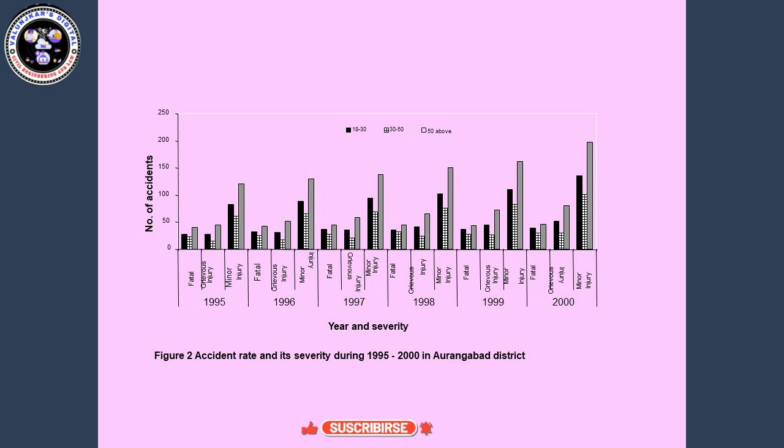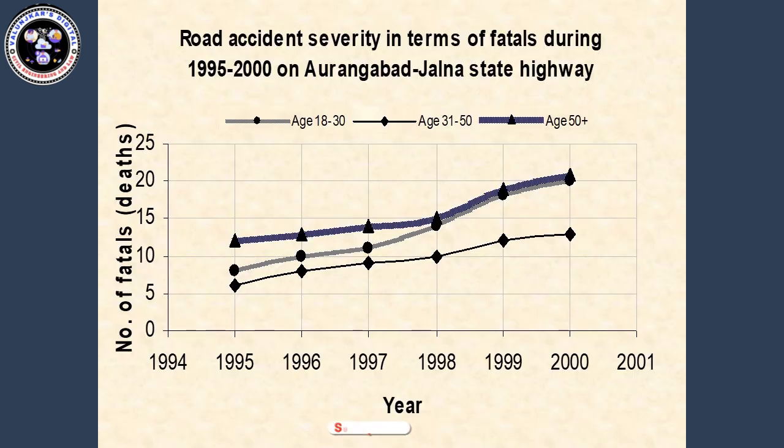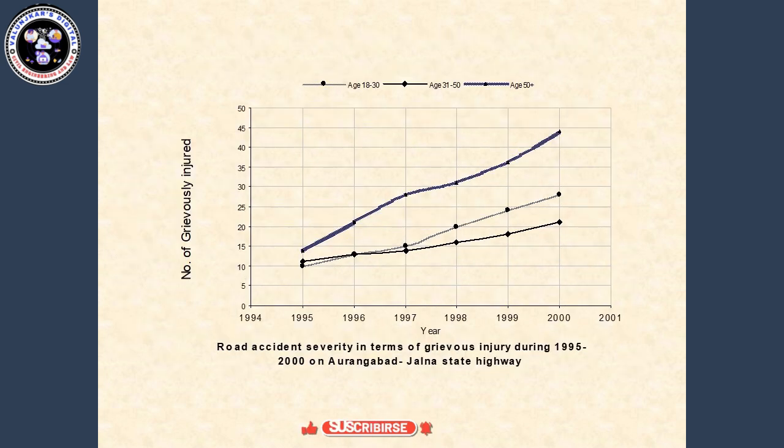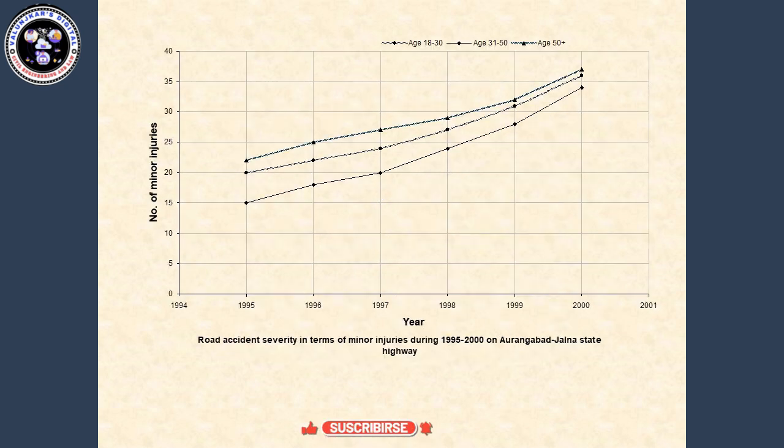This is the road accident severity in terms of fatality during 1995 to 2000 on the Aurangabad-Jalna state highway. Then this is the severity in terms of grievous injury, and then in terms of minor injuries, from 1995 to 2000 on the Aurangabad-Jalna state highway.